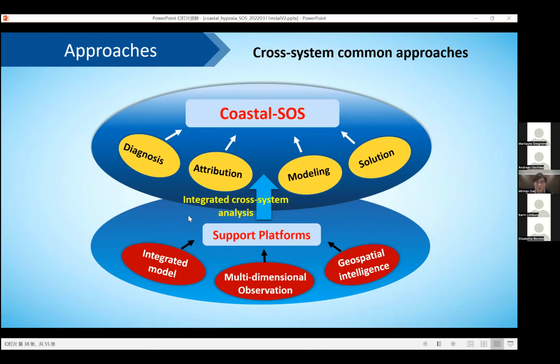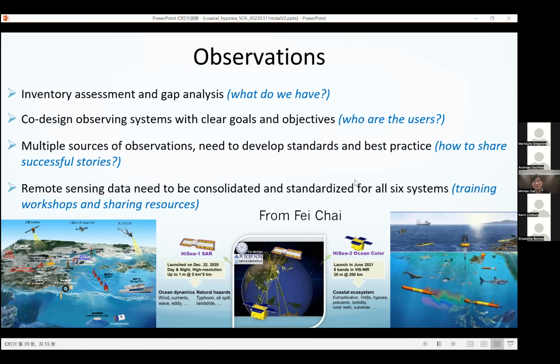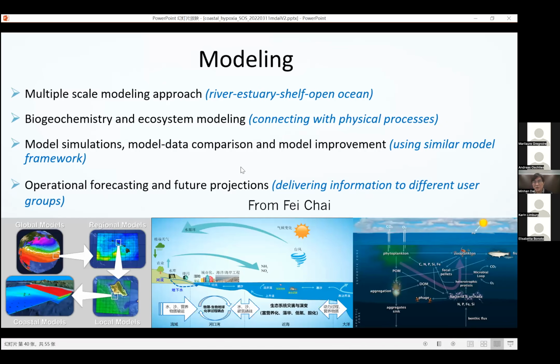With the integrated cross-system analysis, we do diagnosis, attribution, modeling, and try to provide solutions. Just to elaborate a little bit on observation, the key philosophy is to articulate best practices and a common approach to build up this observation system within these 6 model systems. Modeling, again, tries to cover river, estuary, and shelf systems, connecting with physics and using a similar model framework.